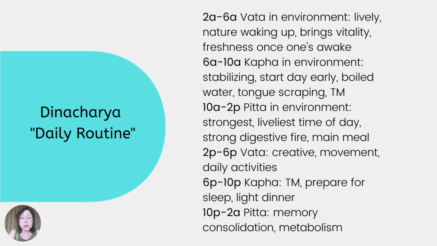So eating our largest meal in the middle of the day, having a light meal in the evening, also winding down with transcendental meditation around 5-6 p.m., and going to sleep before 10 p.m. So you'll notice that pitta starts at 10 p.m. That's a more lively time of day. You may have a harder time falling asleep if you go to bed too late.